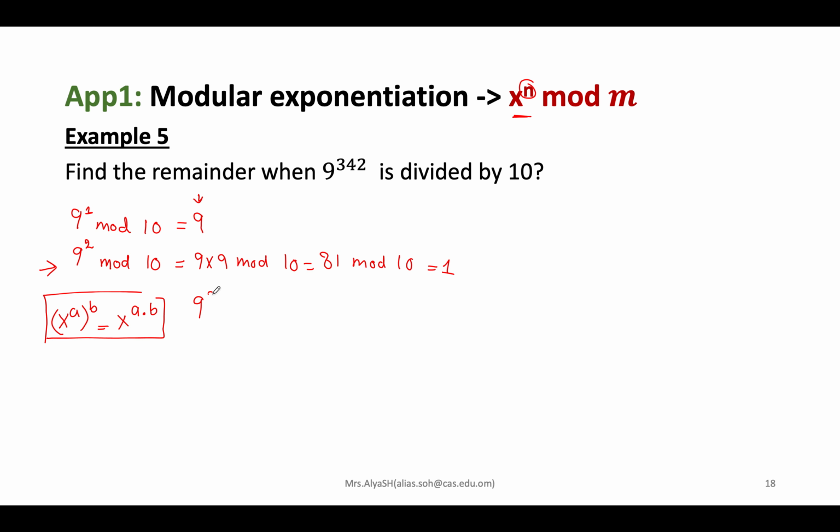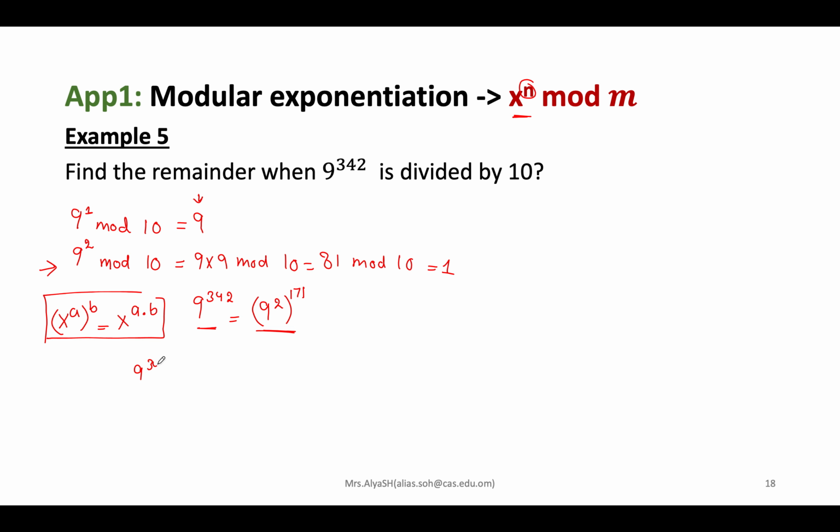So 9 to power 342 is equal to 9 square to the power, if we divide 342 by 2, I'm getting 171. So I replace this in our question here.